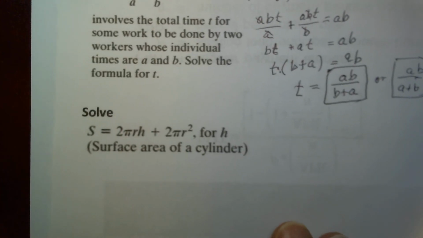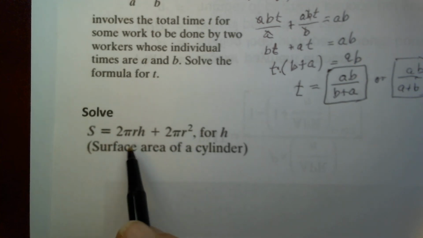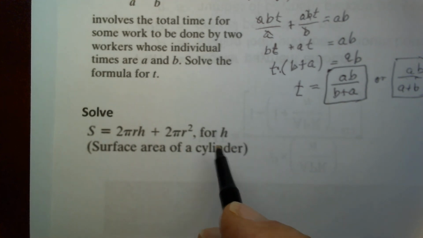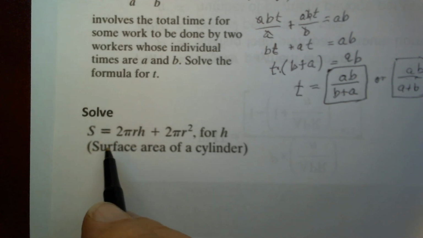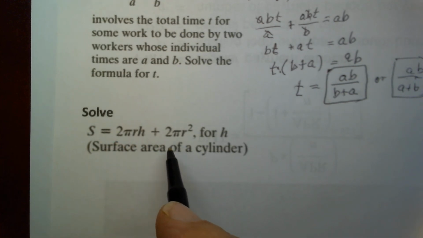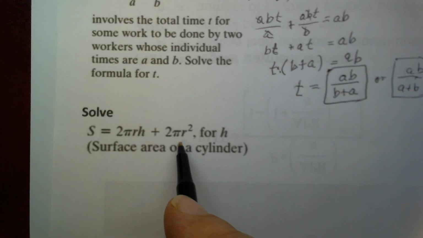The last example is solving S equals 2 pi r h plus 2 pi r squared for h. That, by the way, is a formula for the surface area of a cylinder. That's the two ends, and this is the side of the cylinder. And so we are solving for h. So in other words, we want to subtract this term. Well, we can subtract 2 pi r squared on both sides.